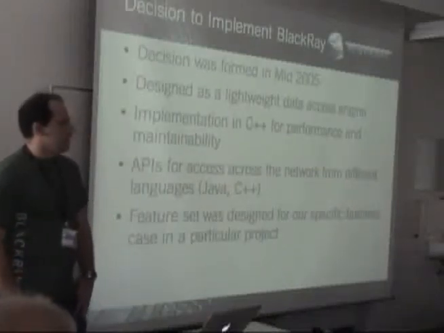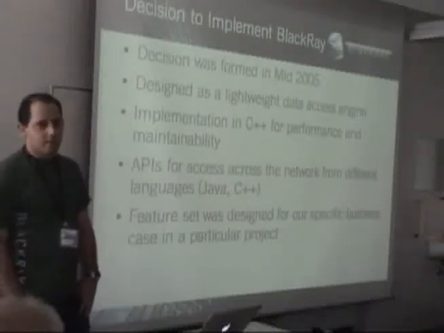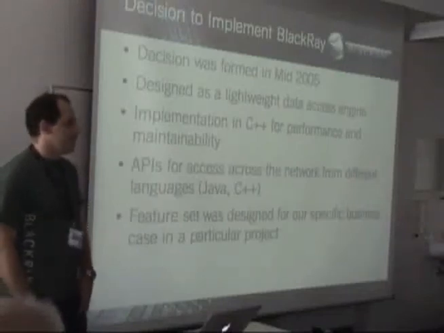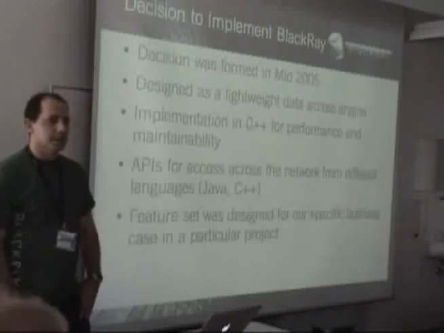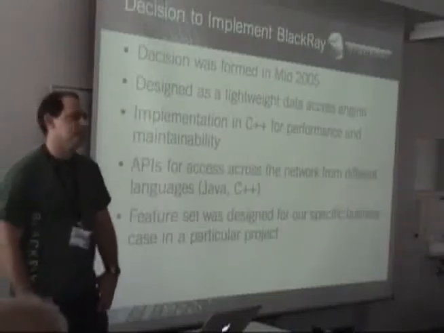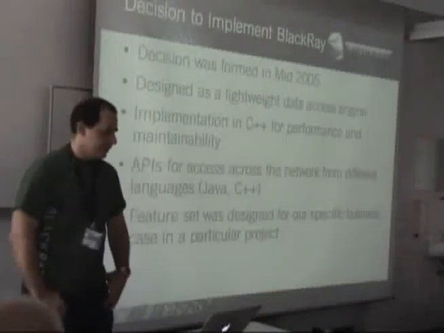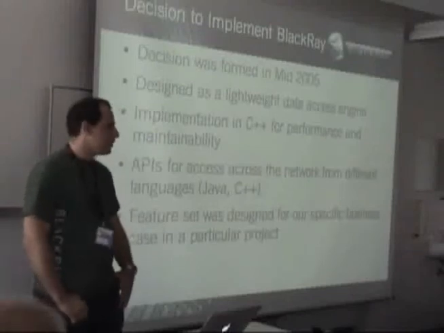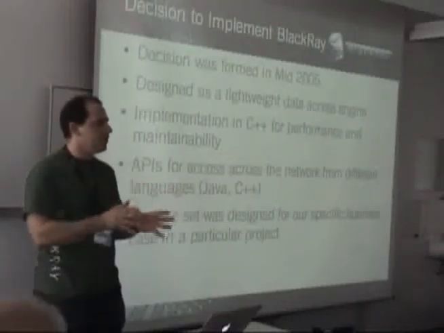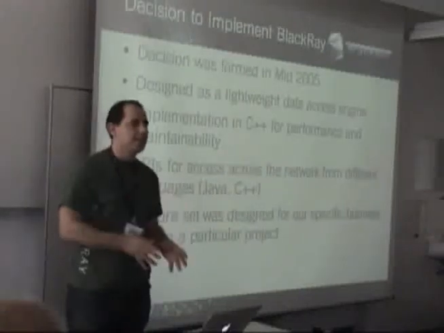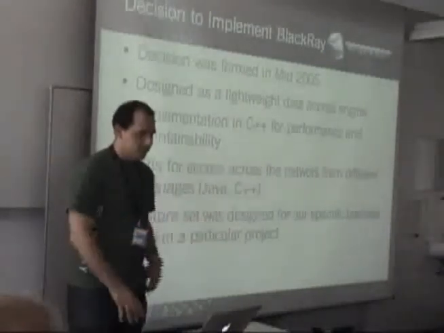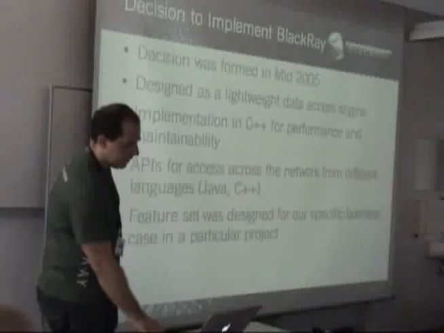It was pretty clear that the business logic would be built in Java and possibly some parts in C++. So we decided on a network layer that would make it easy for us to attach Java clients and C++ clients to the installation. And the feature set was pretty narrow, pretty much geared to this one use case that we had. We wanted to make it fast, we wanted to make it easy to maintain, and that's really all that happened back then.